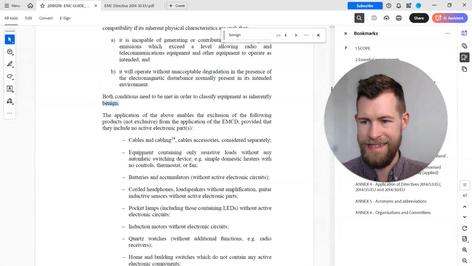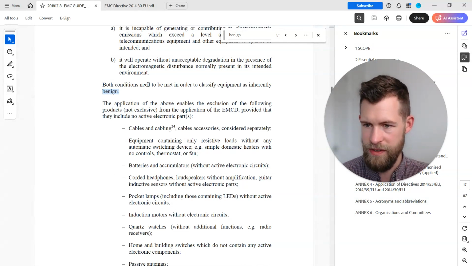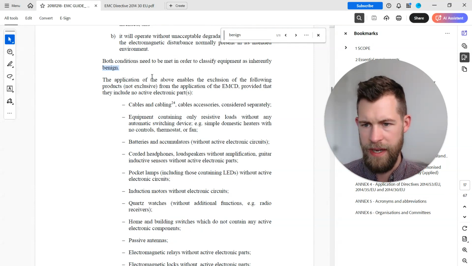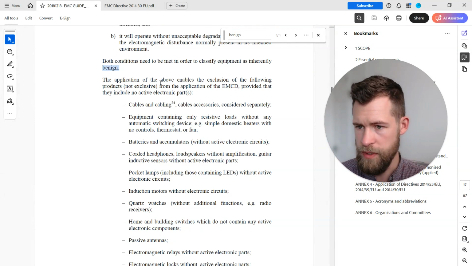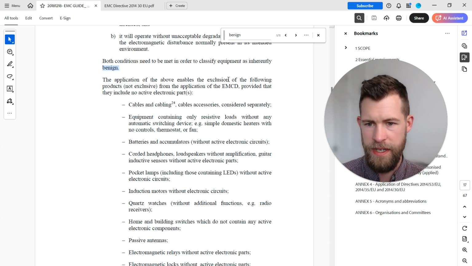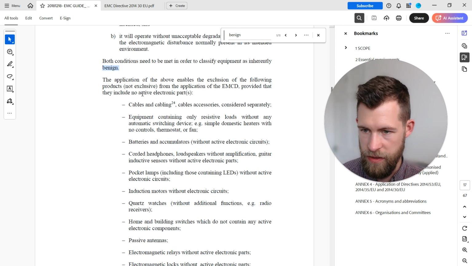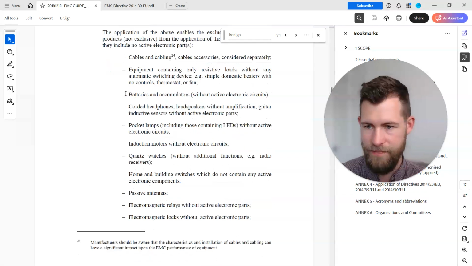So let's have a look at some of the examples of what that actually covers. The application of the above, which is from the EMC directive, which we just read out, enables the exclusion of the following products, not exclusive, from the application of the EMC directive, provided that they include no active electronic parts.